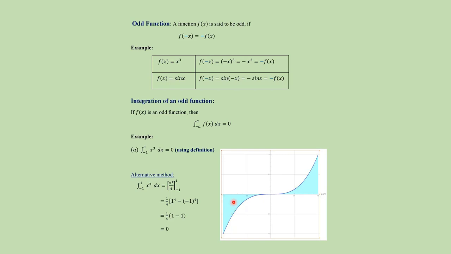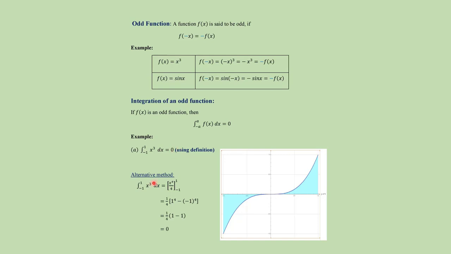After adding the same amount of positive quantity and negative quantity, we get the area as 0. For this example, x cube is an odd function, and the lower and upper limits are the same but opposite in sign, so the answer is 0.